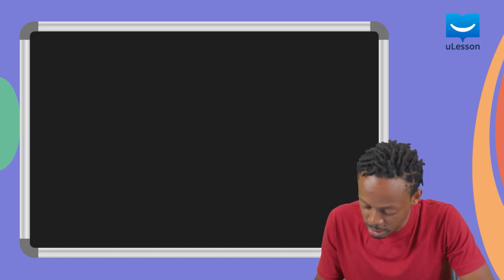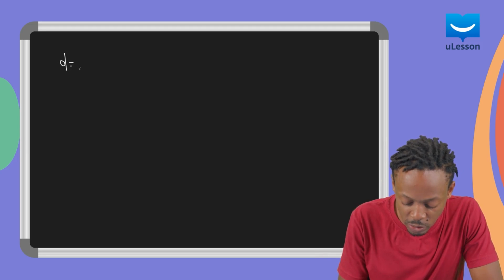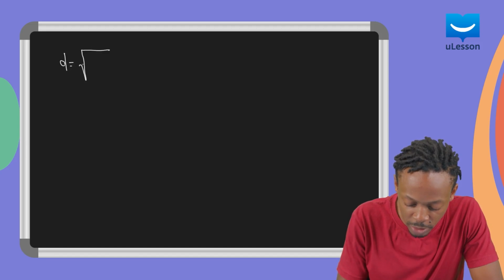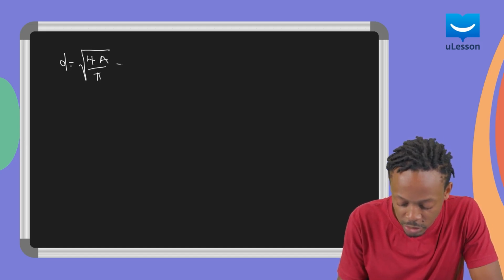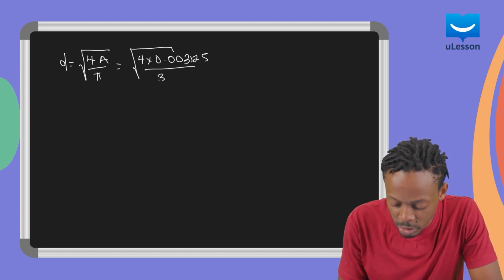Okay, so now let us put all this in the equation. As we said, d is equal to the square root of 4 times A over pi, so the square root of 4 times 0.003125 over 3.14142.